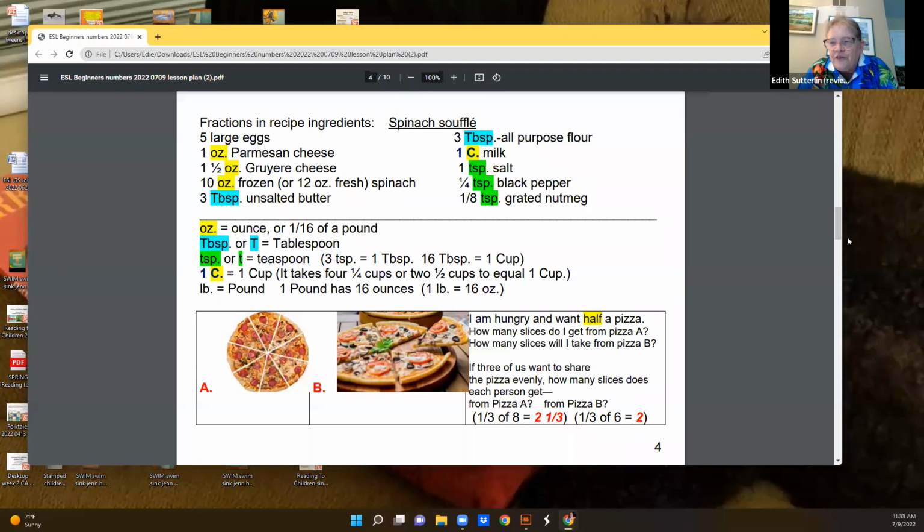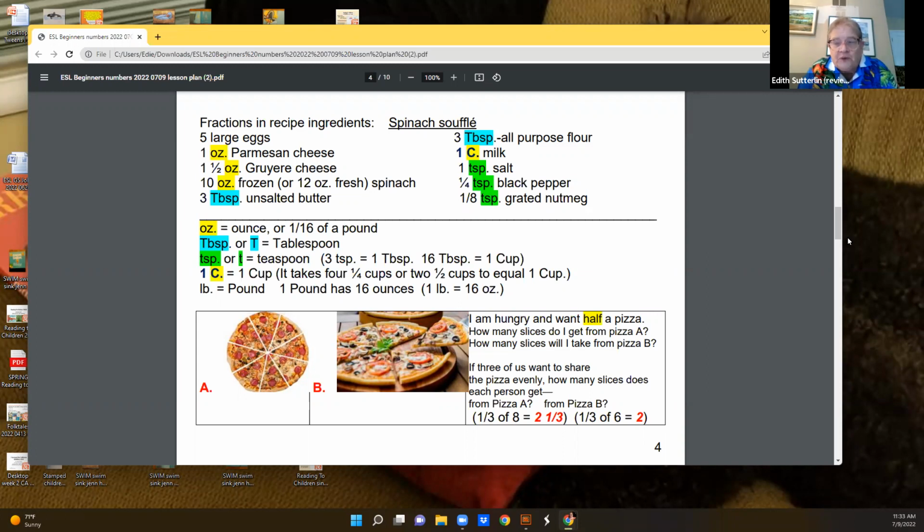10 ounces of frozen spinach, or 12 ounces of fresh spinach. The next one, you'll see that there are TBSP with a capital T or TSP with a lowercase t. TBSP, or just T period by itself with a capital letter, is equal to 1 tablespoon.